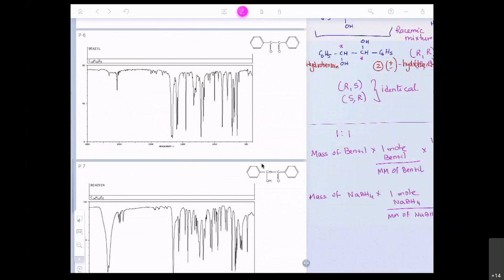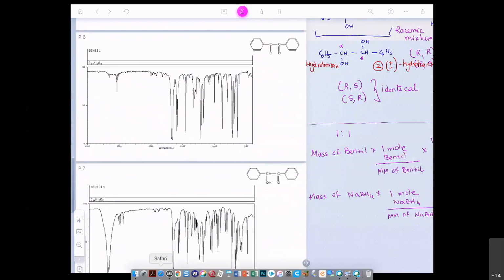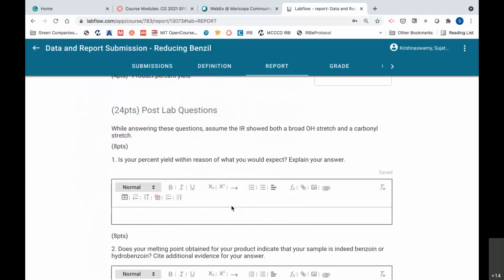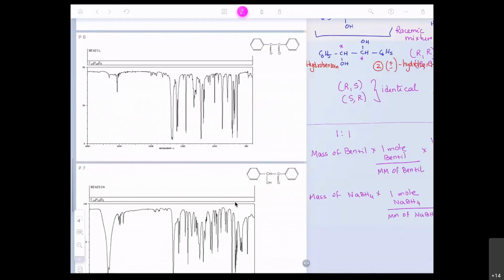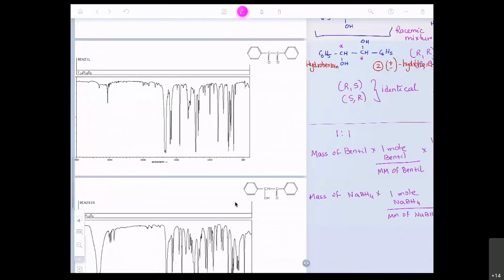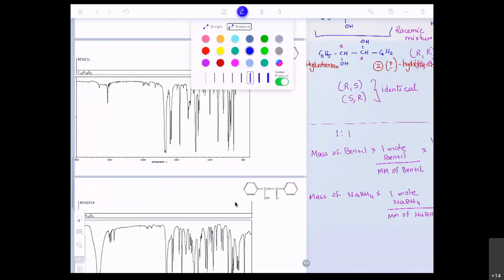So for other evidence, there is something given here. I'll jump back to this. It says, while answering these questions, assume the IR showed a broad hydroxyl and a carbonyl. So you have a partial reduction. You're still seeing a carbonyl, but then I just took some IRs for you to use. So this is the IR of the benzyl.